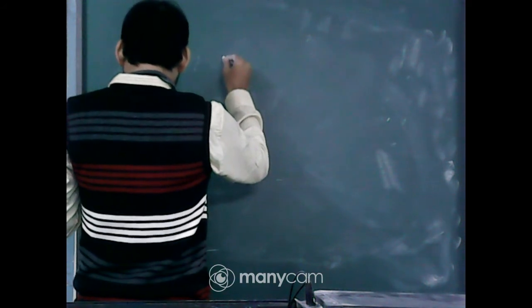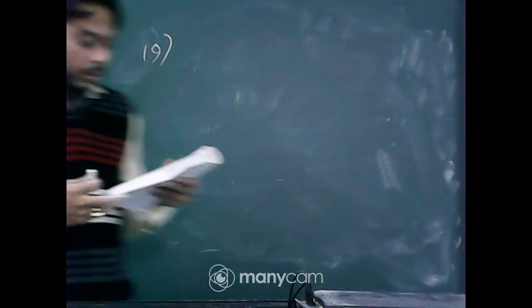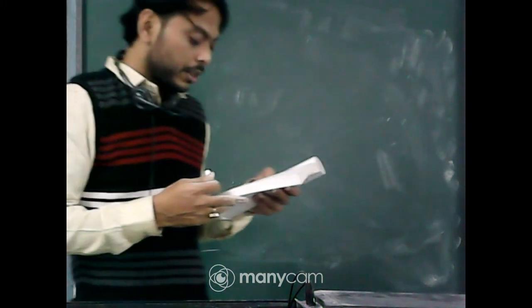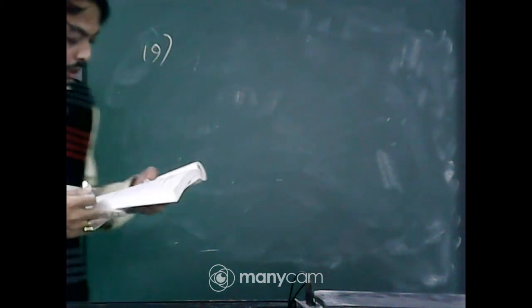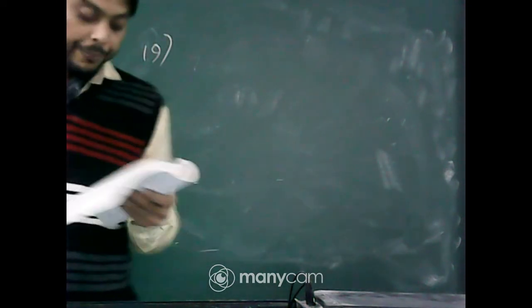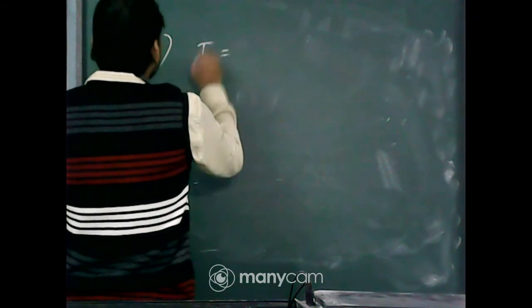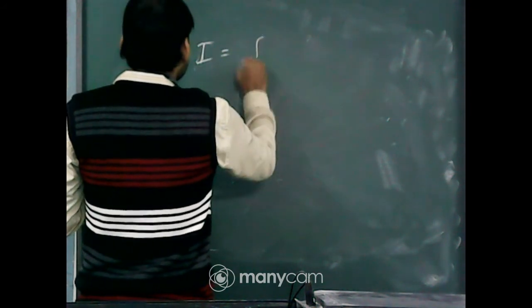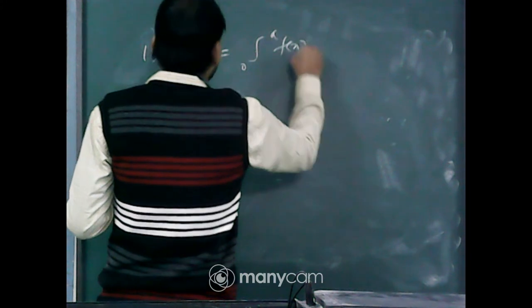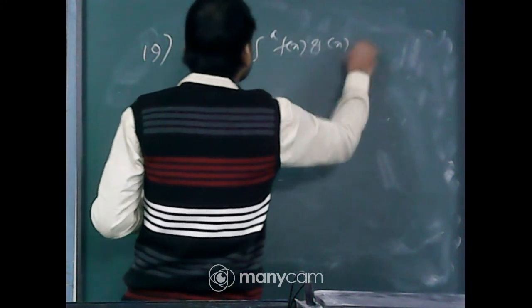Here you have to show integration 0 to a f(x) g(x) dx equals twice integration 0 to a f(x) dx, where there are two givens: f of x equals f of a minus x, and g of x plus g of a minus x equals 4. So first of all, let I equal 0 to a f of x g of x dx.